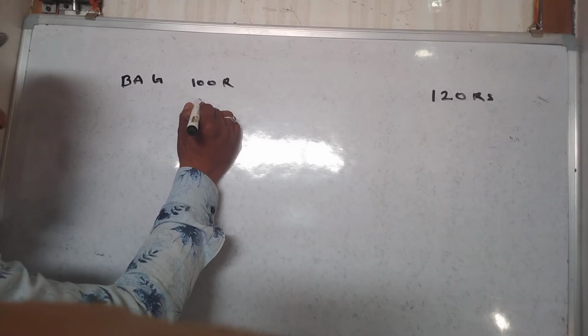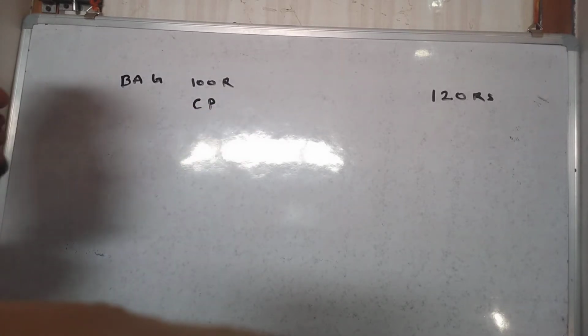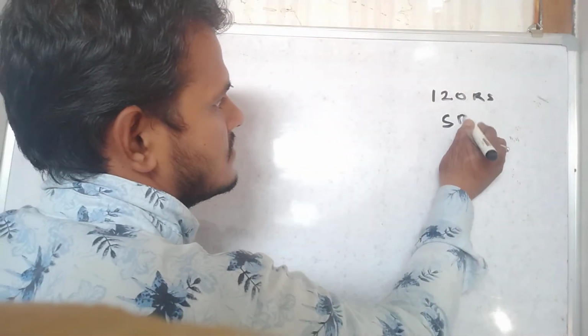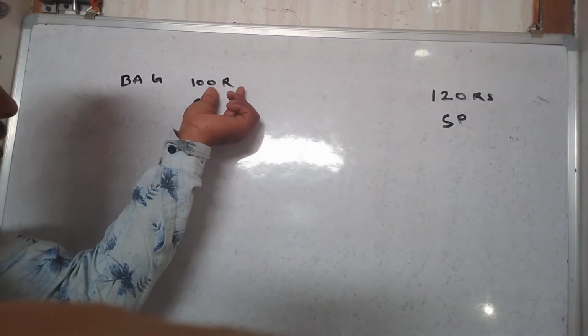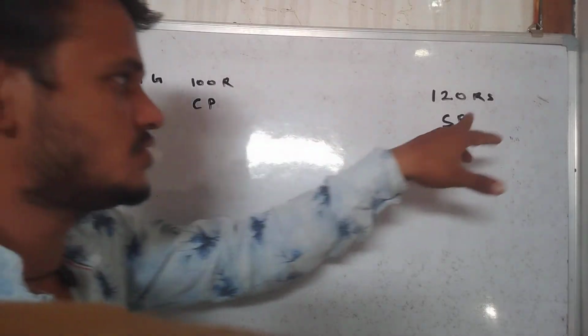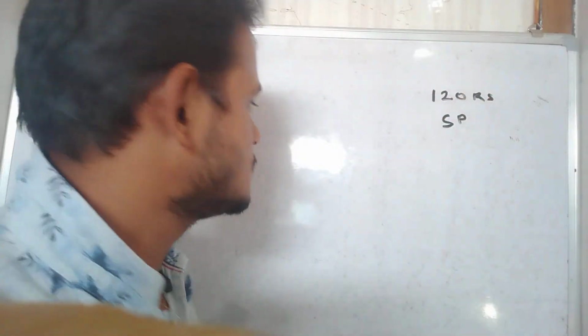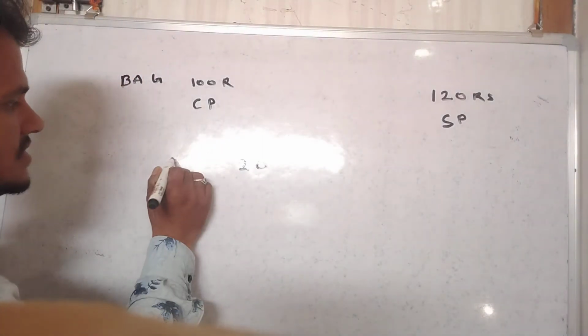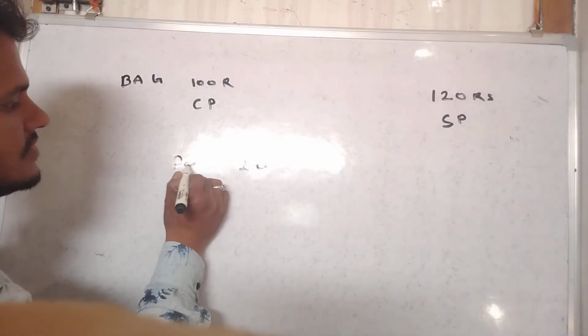You buy, it means this is CP. You sold, your selling price is SP. You bought only for ₹100 and you sold it for ₹120. So ₹20 comes extra. So this is profit.